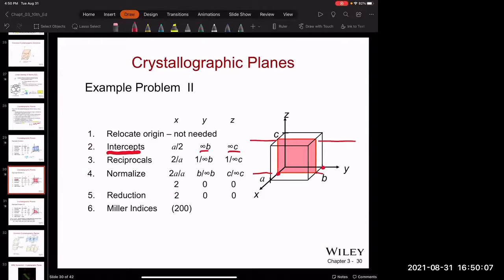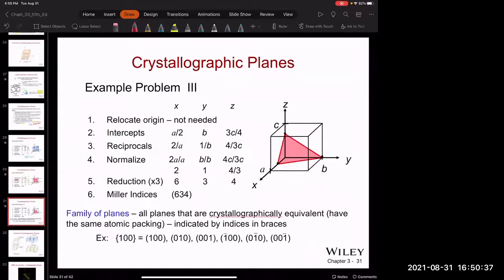But if they are all integers, then you have to find the smallest integer to be the plane representation. But this could be optional, so you can still write like 200. You can still keep the larger number instead of making it the simplest one. Okay, there's another one that you can watch on the slide. I'm not going to repeat that.